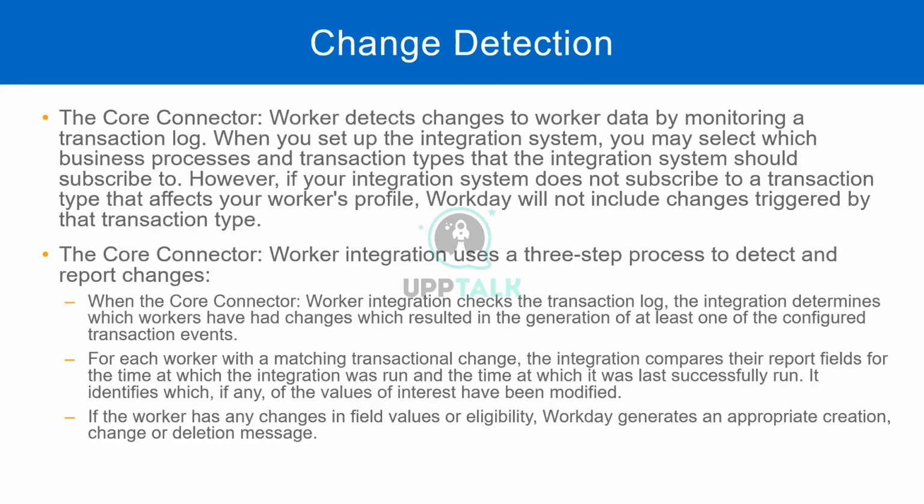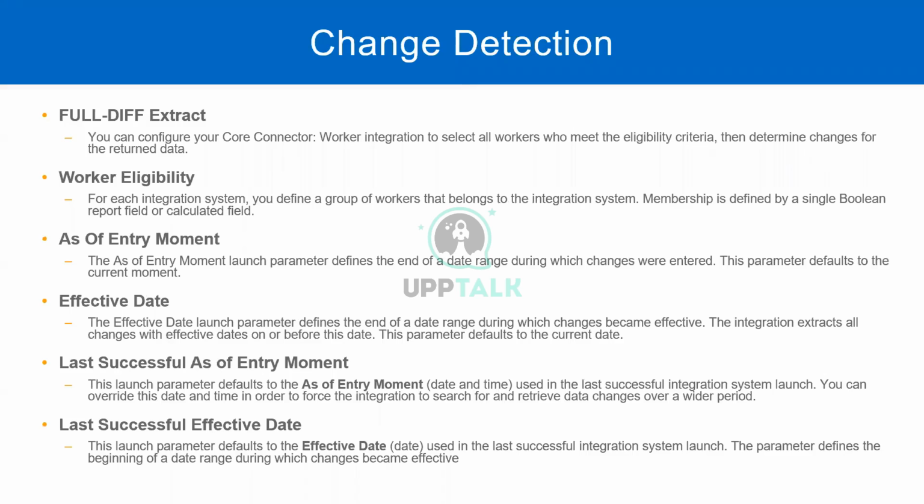So this is the high-level overview, but then to actually do this change detection, Workday makes use of certain fields. Okay, and these are some parameters that we will see in our integration. First is the full diff extract. Now you can configure the Workday core connector to select all workers who meet the eligibility criteria and then determine changes for the returned data.